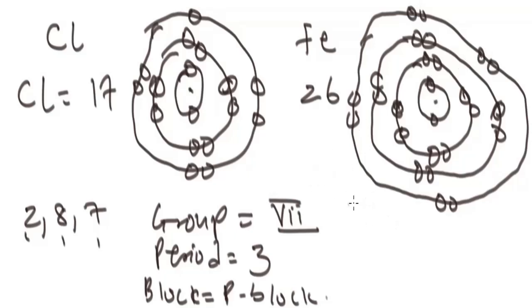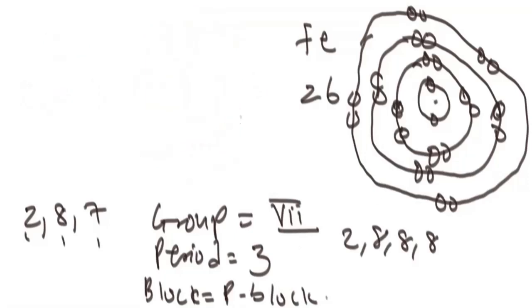So let's represent the electronic distribution. It is going to give us 2, 8, 8, and 8. This tells us that we have 4 shells, 1, 2, 3, 4, and the last shell has 8 as its number.